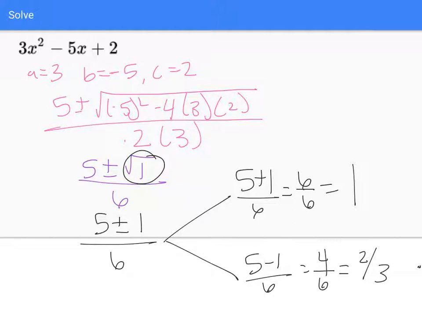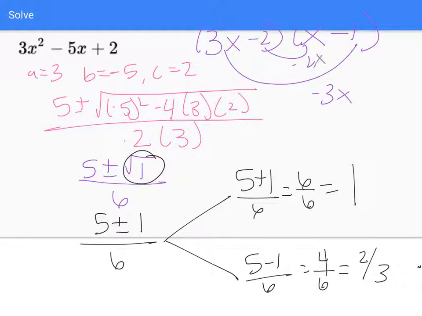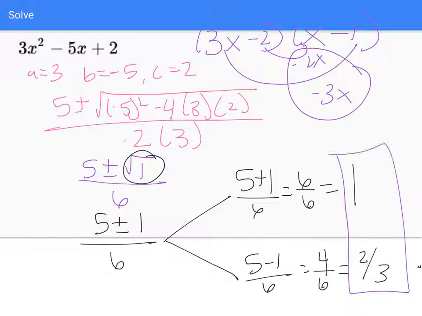So one thing you could have done right from the get-go, you could have factored this to be 3x minus 2 and x minus 1. And if you guessed and checked it, this would give you negative 3x, negative 2x, so that gives me 5x, and then solved it. Either way, these should be your two answers.